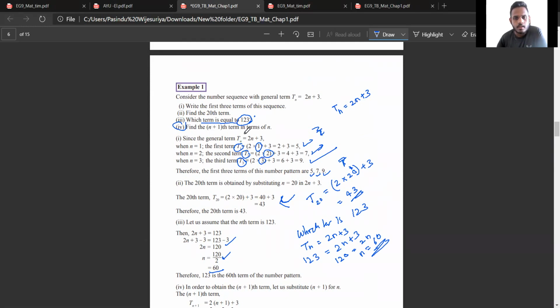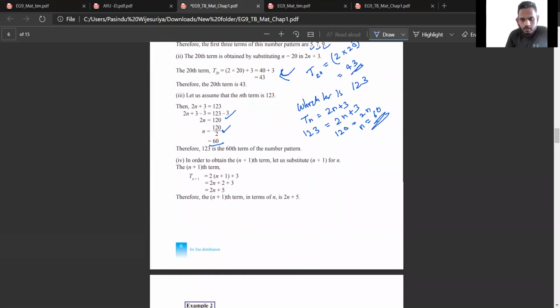Find the n plus 1 term in terms of n. So the main equation, I would say, is Tn equals 2n plus 5, right? So what we do is substitute n plus 1 in place of n. Then T(n plus 1) equals 2(n plus 1) plus 5.